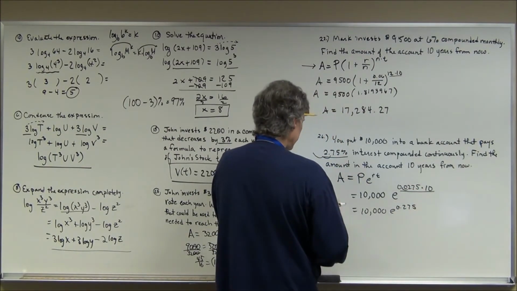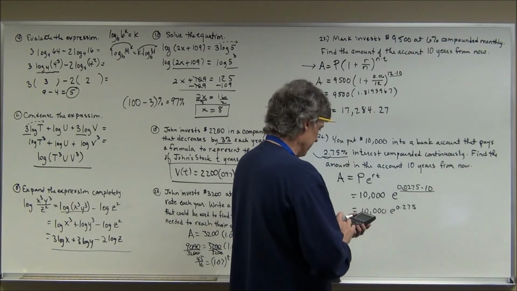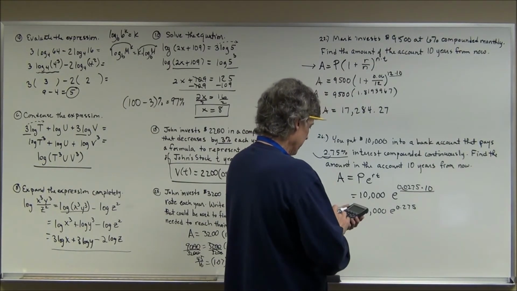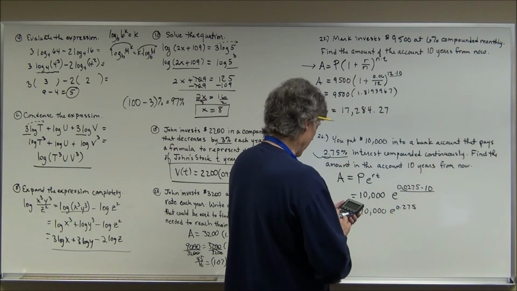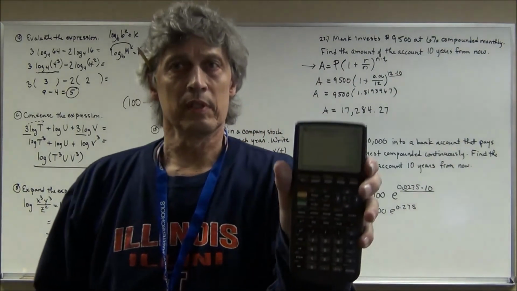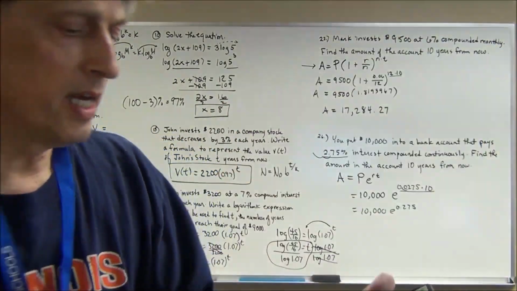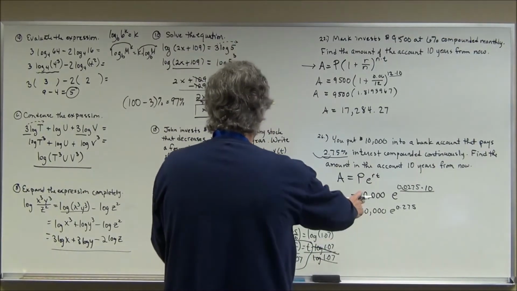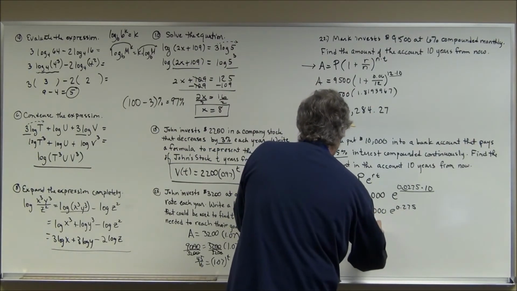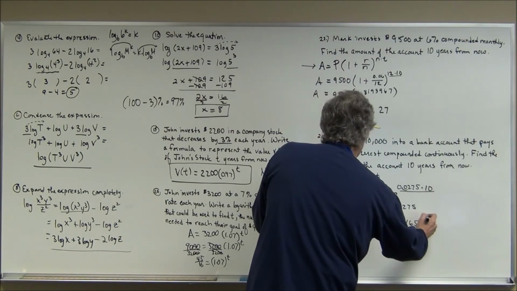Now I've got to get my calculator busy. I've got an E button on mine. I've got an E button to the 0.275. I don't know if you've got one on your graphing calculator, you can find it on your scientific. I'm going to hit enter, and then I'm going to multiply this by 10,000. It's 1.31653 and so on.